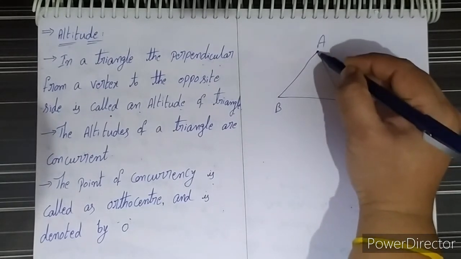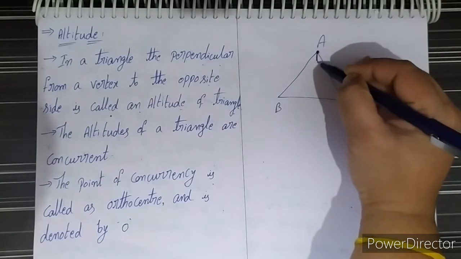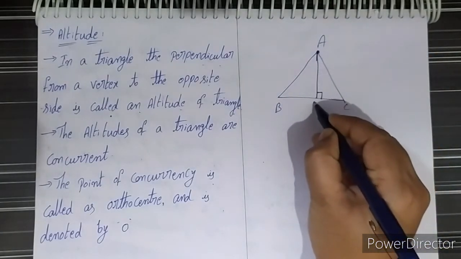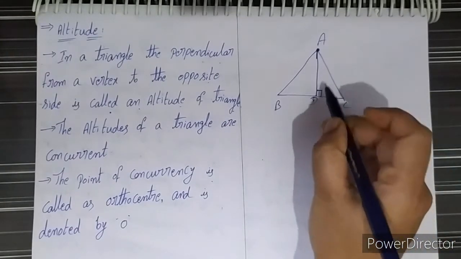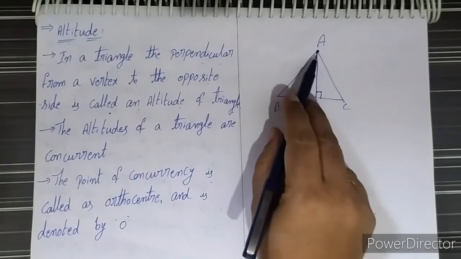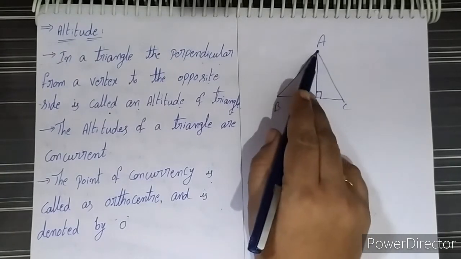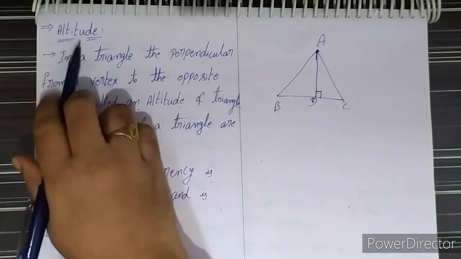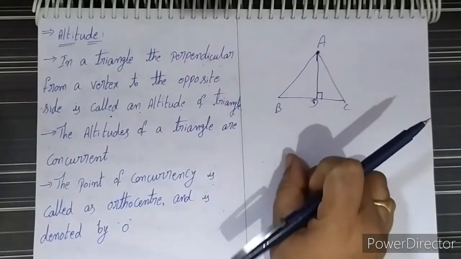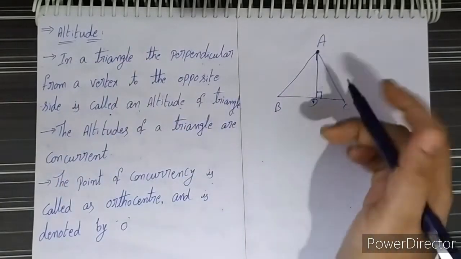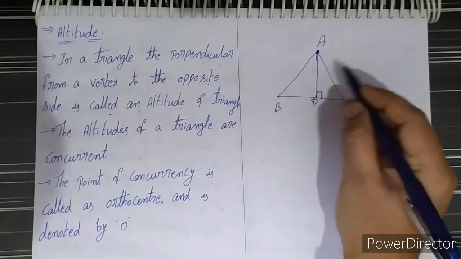That means AD is perpendicular to BC. A perpendicular line drawn from the vertex to the opposite side is called the altitude of the triangle. Here also we have three altitudes.